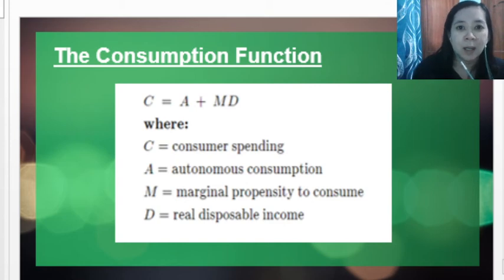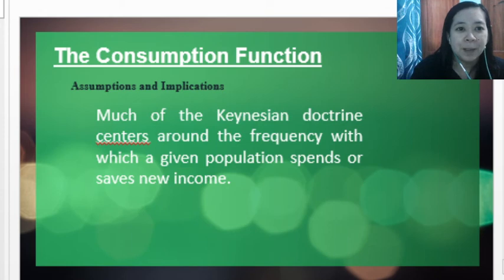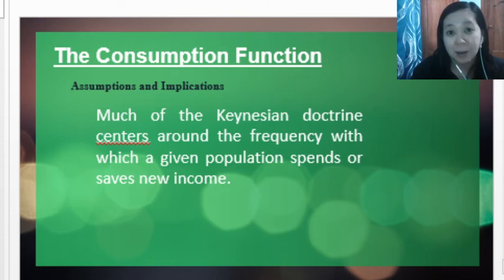So those are the different factors or variables for the consumption function of Keynes. Much of the Keynesian doctrine centers around the frequency with which a given population spends or saves their new income.